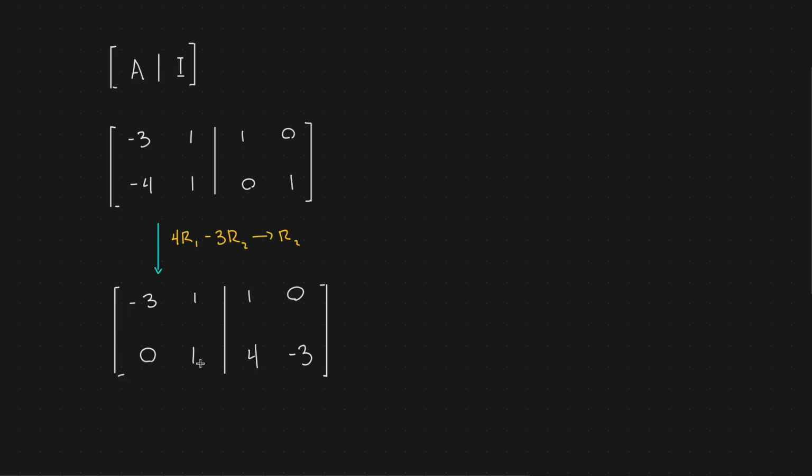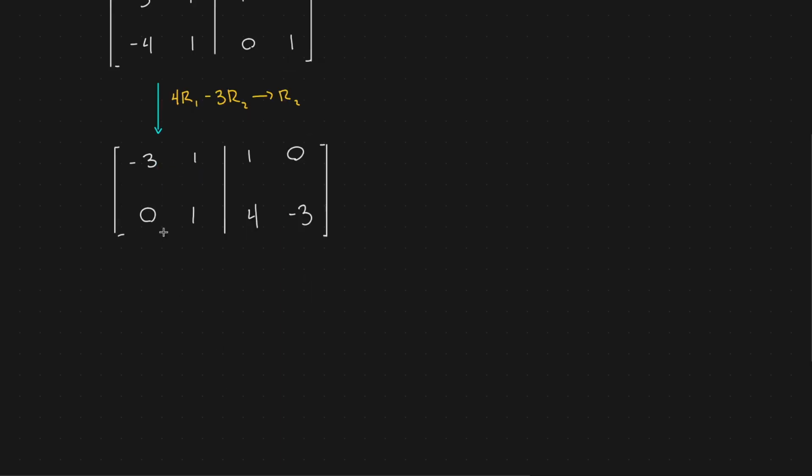All right. In row 2, I've already got a leading entry of 1 there. So now let's just get a 0 above it. So I'm going to take negative row 2, add it to row 1. That's going to be my new row 1. Okay.